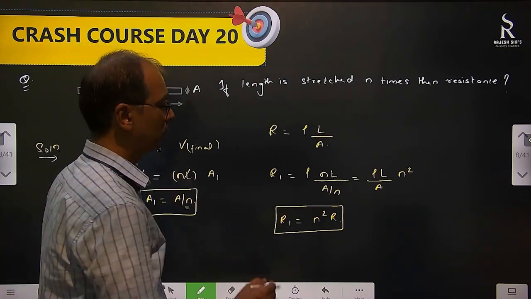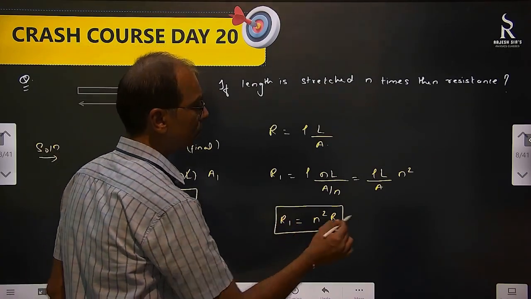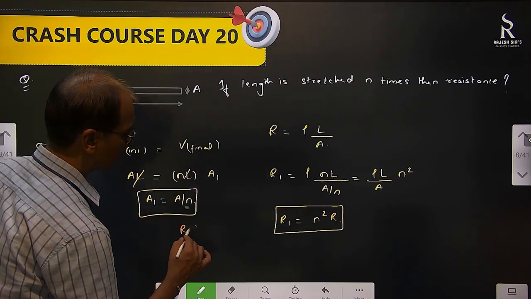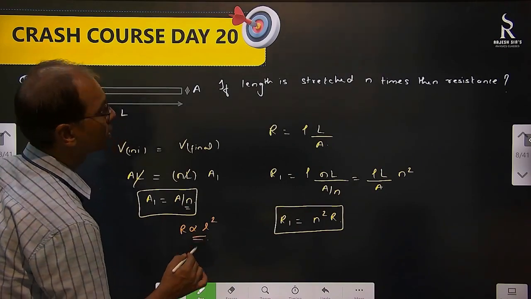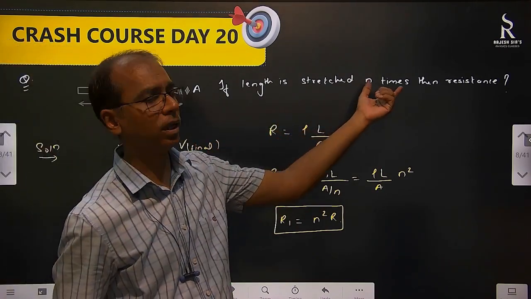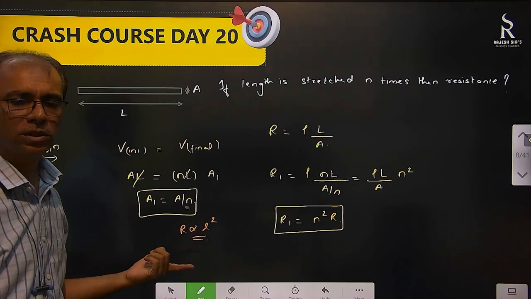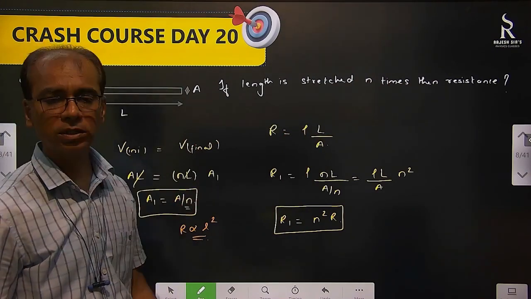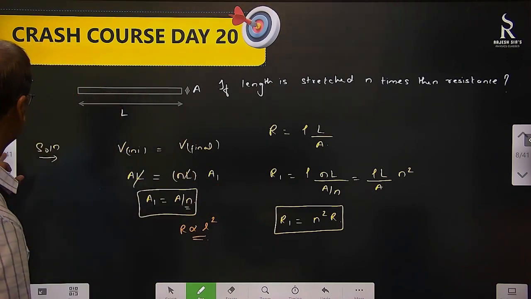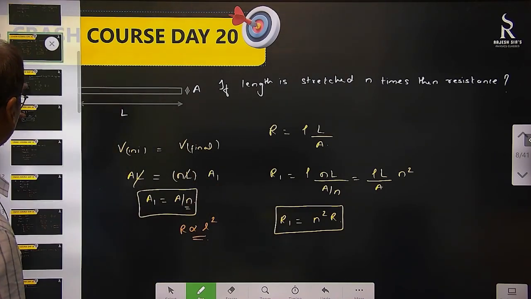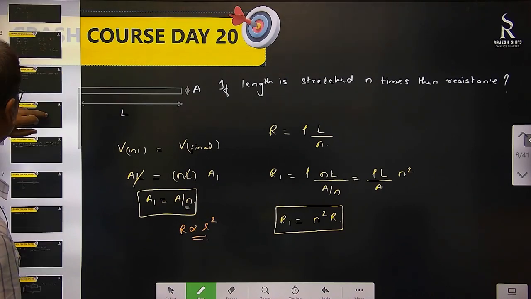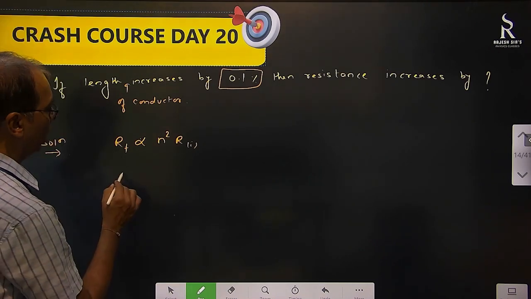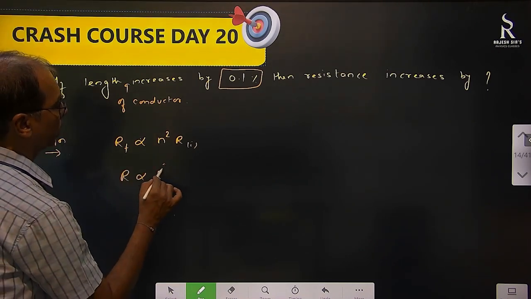So here can we say that R is proportional to L square? Because you have increased length n times, so resistance also becomes n square times. So R is proportional to L square.